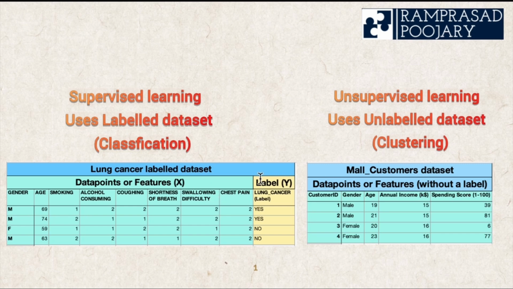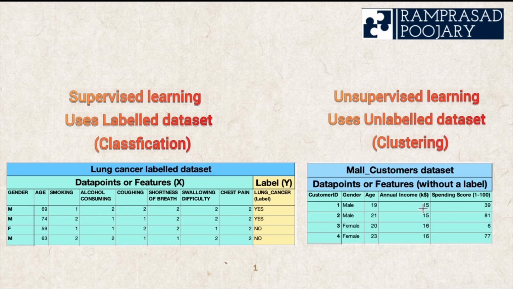When you say label, it is nothing but the output variable, or y. So this data set has x, which is nothing but the input features, and y, which is a label. Each example is labeled with the correct output. Supervised learning uses this labeled data set for training, whereas unsupervised learning uses an unlabeled data set.